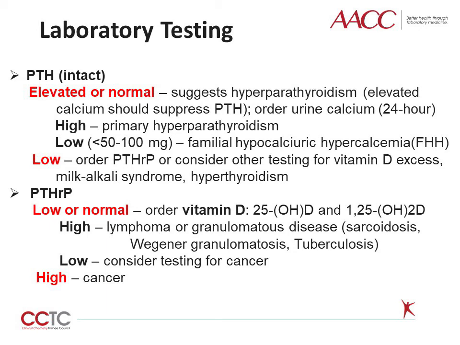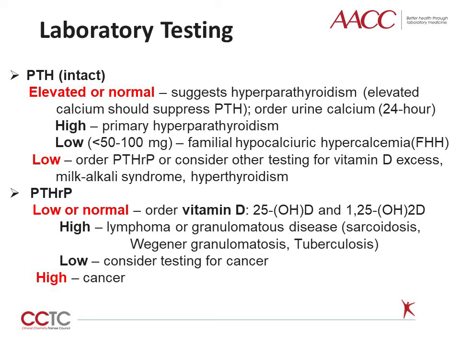If urine calcium is low, then familial hypocalciuric hypercalcemia. If PTH is low, then order PTH-RP or consider other testing for vitamin D excess, milk alkali syndrome, and hyperthyroidism. If PTH is low or normal, then order vitamin D, the 25-hydroxy vitamin D and 1,25-dihydroxy vitamin D.